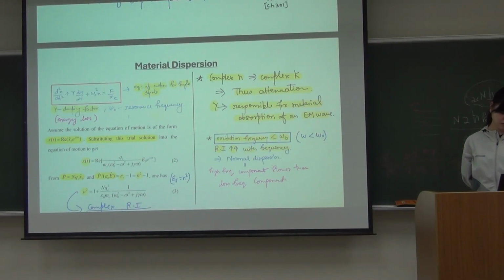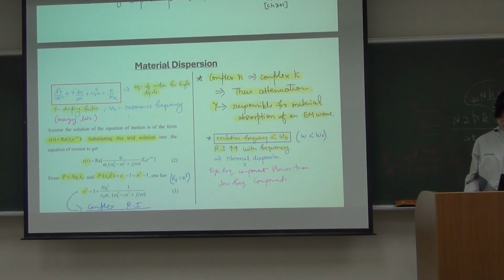K that is equal to omega over mu epsilon, equal to K real part minus j K imaginary part, right?